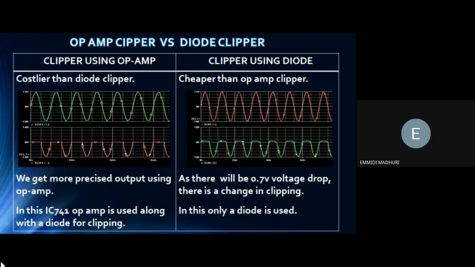In this, the IC741 operational amplifier is used along with a diode for clipping. Whereas in diode clippers, there will be a 0.7 volt drop. There is a change in clipping. In this, only a diode is used. Due to the high gain of the op-amp, the voltage drop across the diode becomes negligible. This gives us a perfectly clipped waveform at a particular reference voltage.